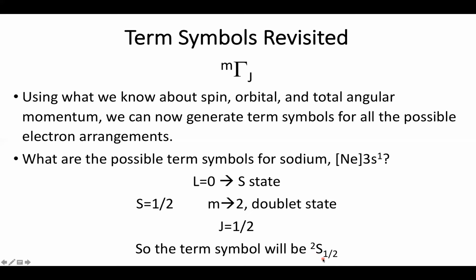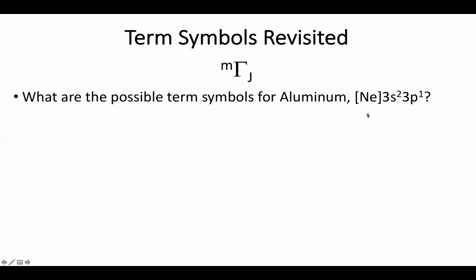So if I'm dealing with one electron, it's not too bad. And we can extend this idea to aluminum, where I have a full set of core electrons in neon. I have a full s subshell, with 2 electrons in the s orbital. And then I've got one last electron in my p orbital.